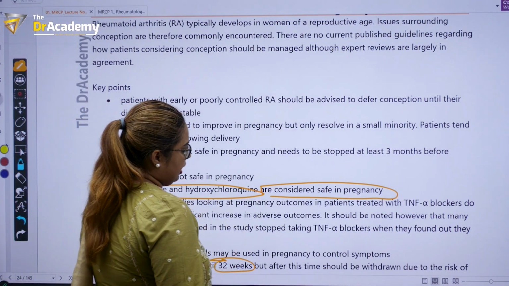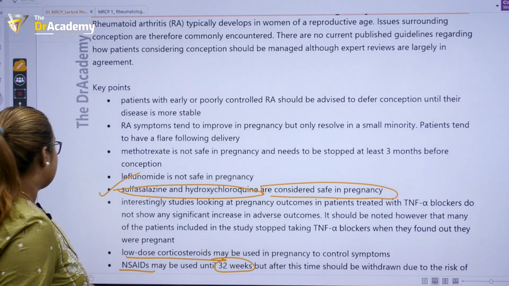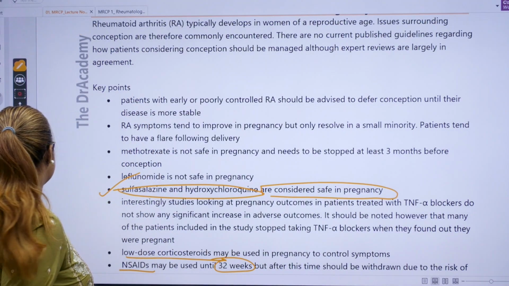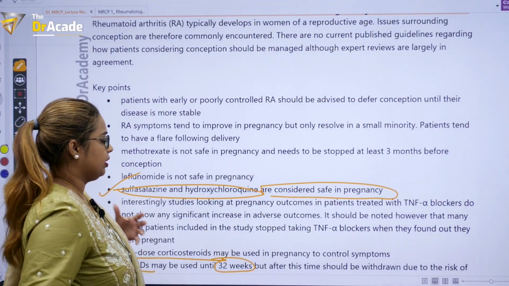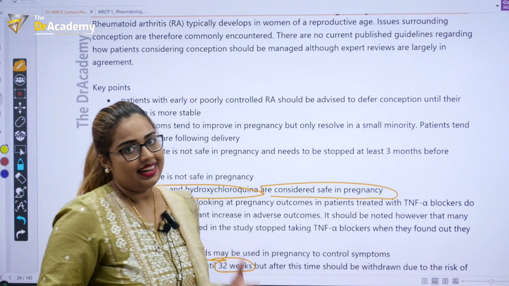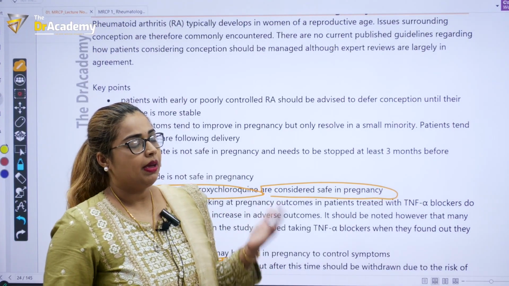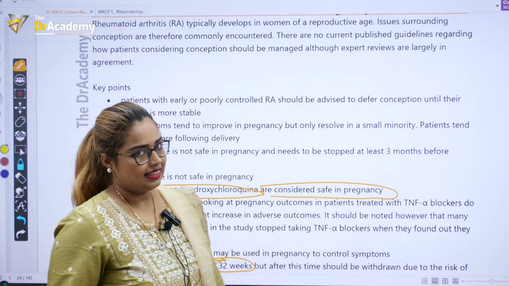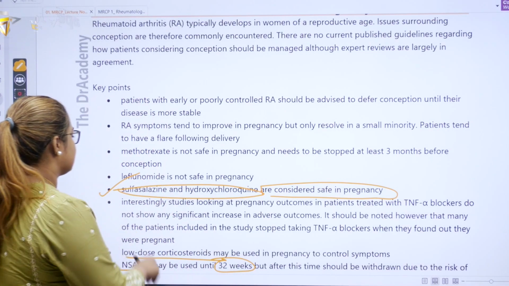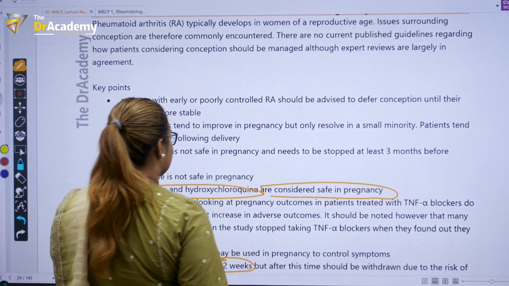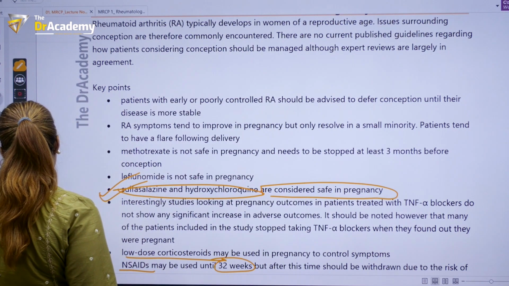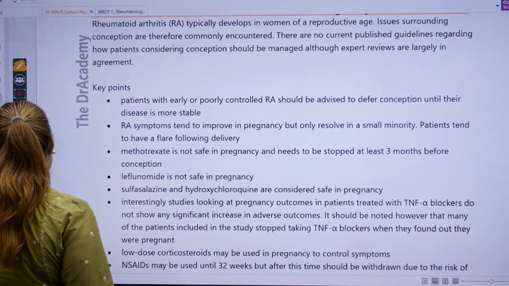Why? Because of the risk of early closure of the ductus. If we don't stop the NSAIDs after 32 weeks of pregnancy, the baby can develop patent ductus arteriosus. Just remember sulfasalazine and hydroxychloroquine are the safest drugs in pregnancy for rheumatoid arthritis.